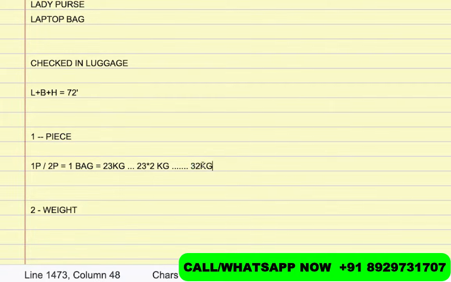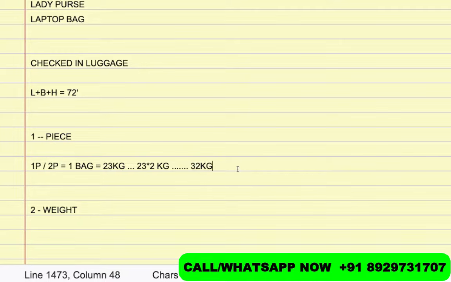So you will have to pay some charge for carrying 32 kgs in economy class. But no airline allows you to carry more than 32 kgs in one bag, because as per IATA, the employees at the airport would not be able to carry that bag and put it inside the plane if it is more than 32 kgs. So not more than 32 kgs.